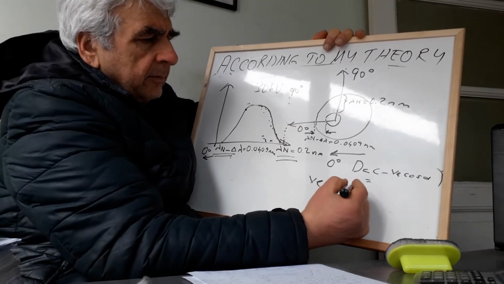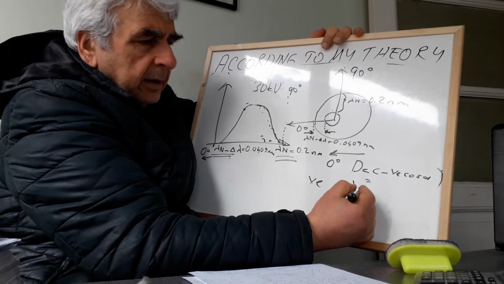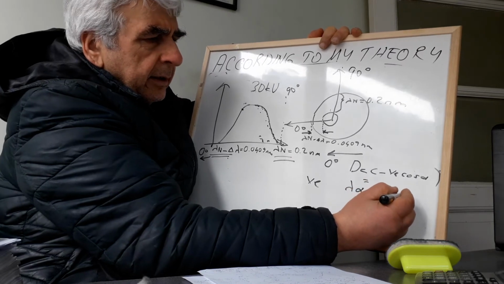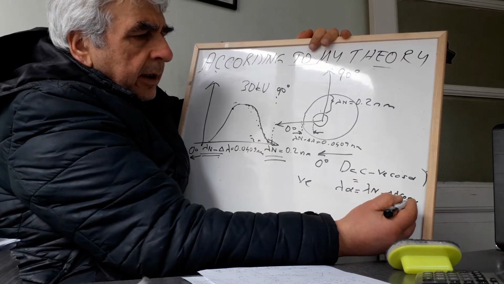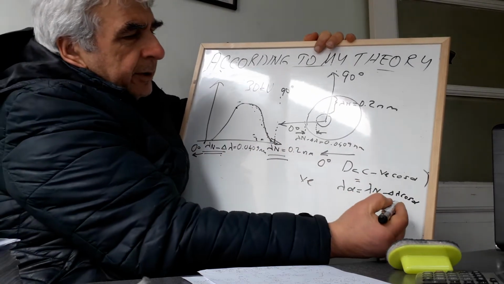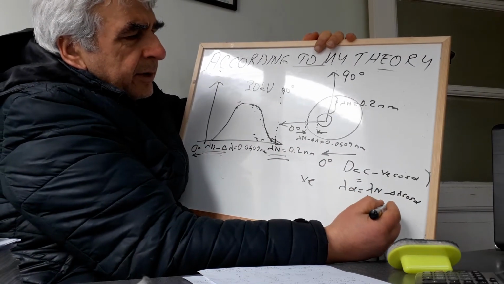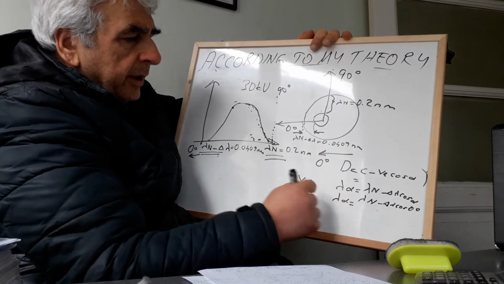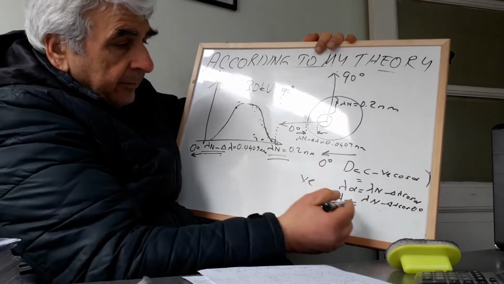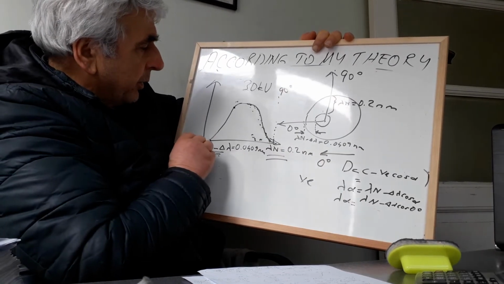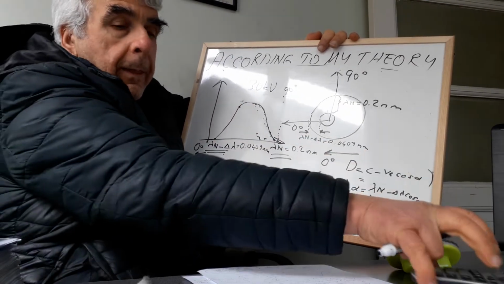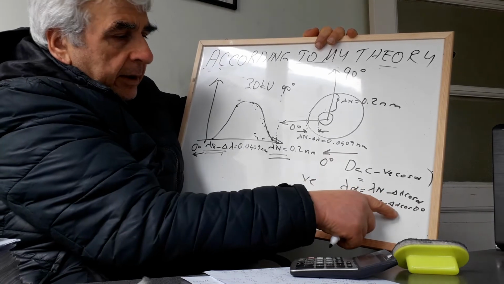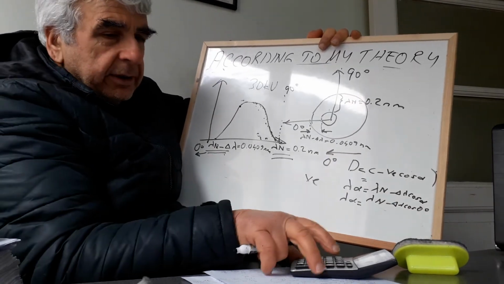Then λ alpha equals λn minus Δλ cosine alpha. Here 0 degree. λn minus Δλ cosine 0 degree. Firstly, we will find Δλ.